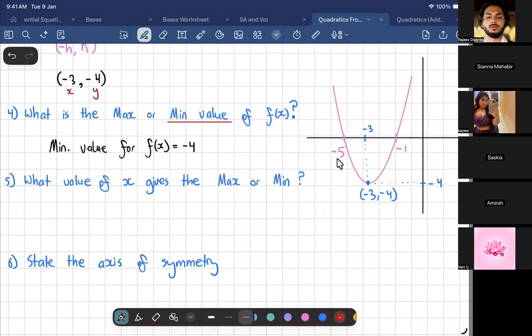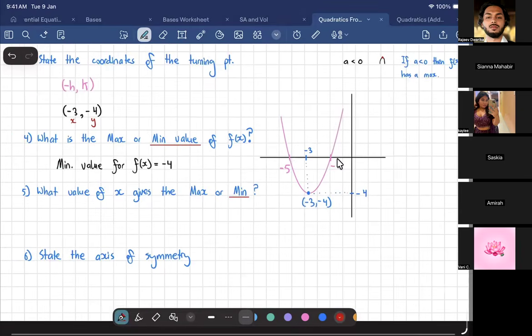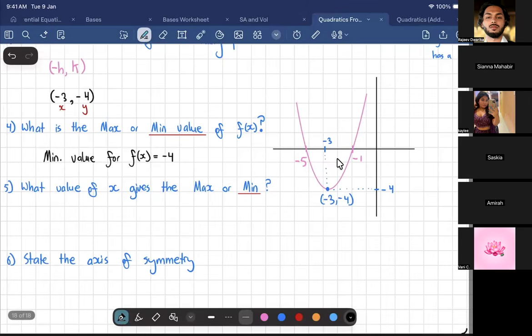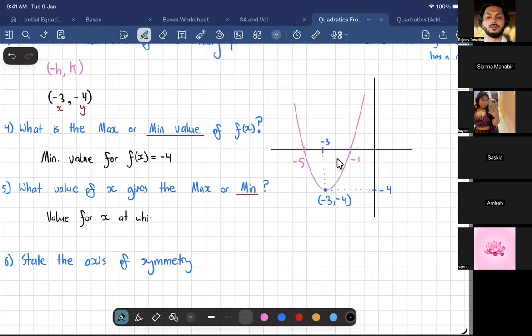What value of x gives me this minimum? -3. Perfect, -3. Cool. And that'll be -3.